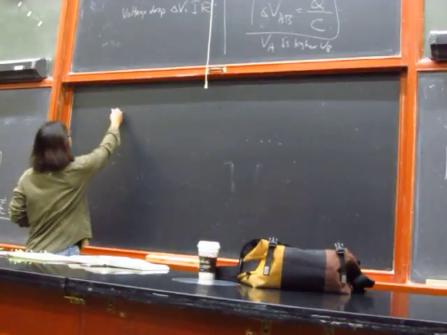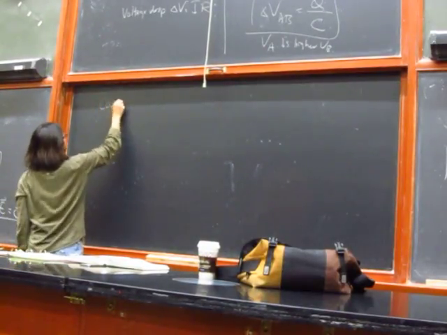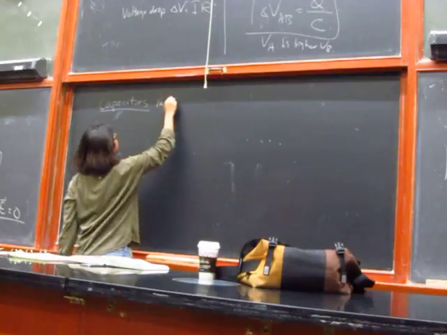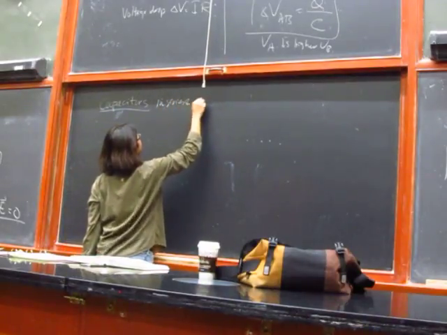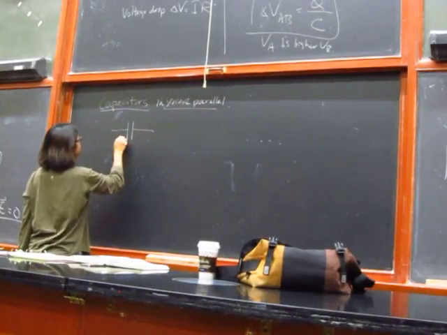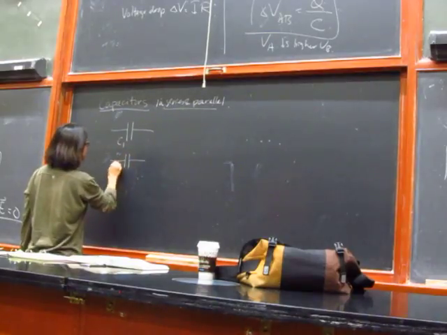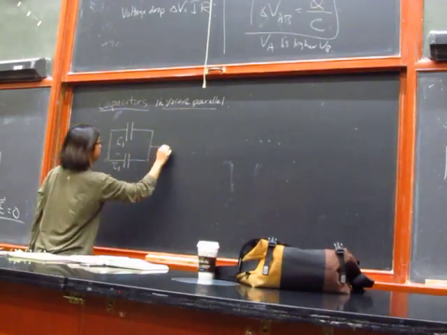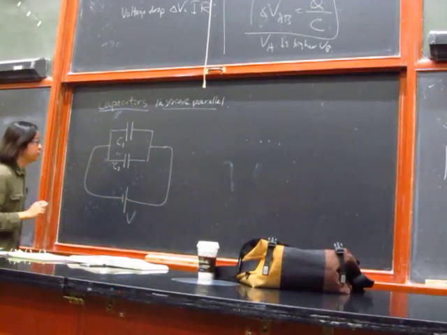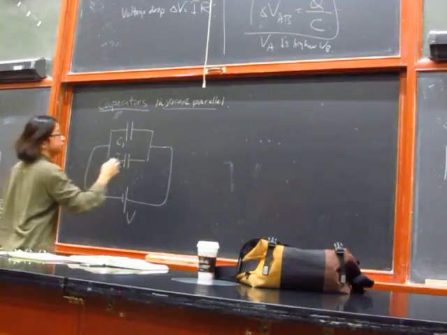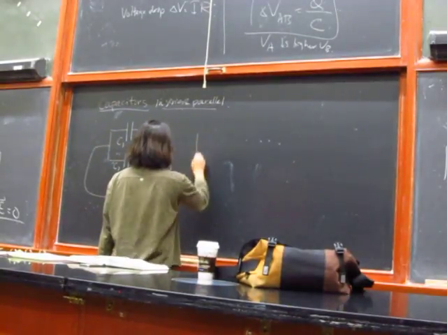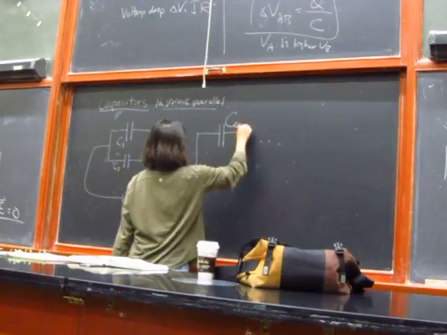Briefly, capacitors: two capacitors in parallel, C1 and C2, connected to a battery of potential V. Then we ask what's the equivalent capacitance, where the equivalent capacitance is what this diagram is equivalent to.